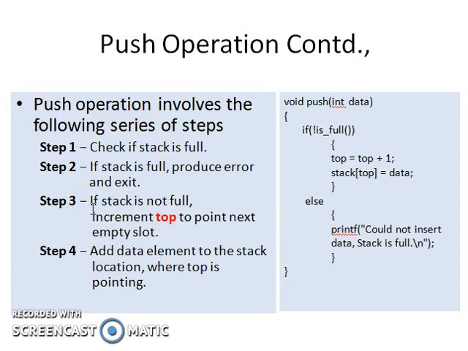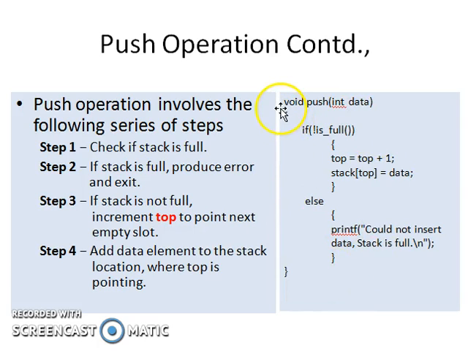Step 3 is if the stack is not full, increment top so that top points to the next empty slot where the new element can be placed. And the fourth step is add the data element to the stack location where top is pointing. So these 4 steps will perform a push operation, and this is the C program implementation of the push operation.